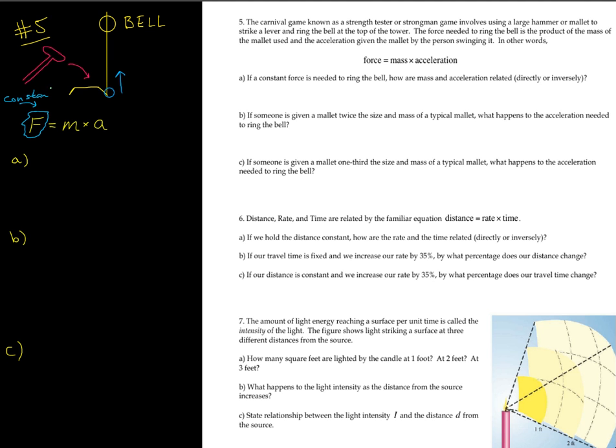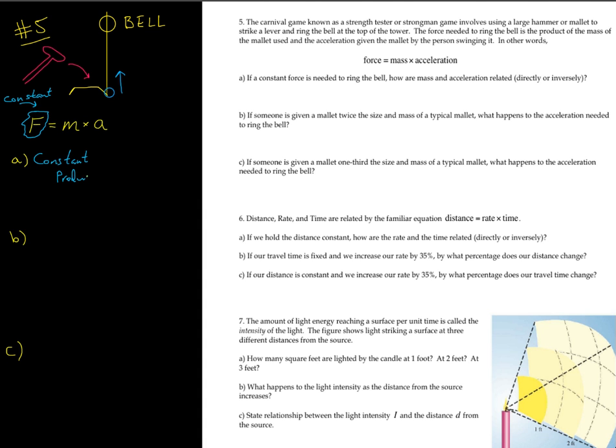Say it requires 100 pounds of force to get the ball to go up and ding the bell. So what does that imply about the mass and the acceleration? Well, the product of these two things is going to be constant. Constant product, that's inverse variation.